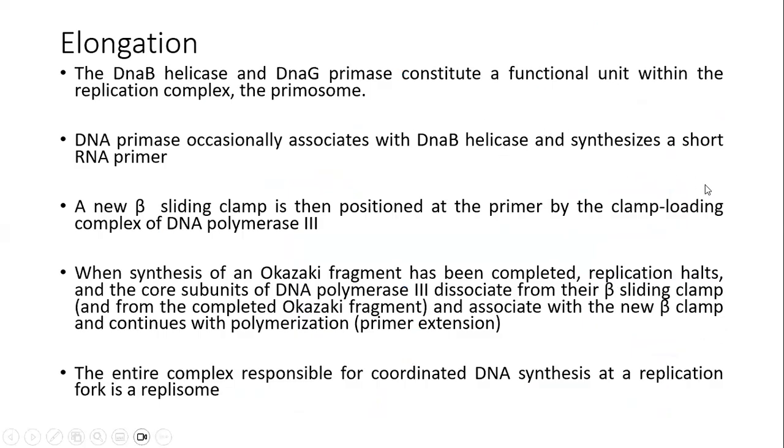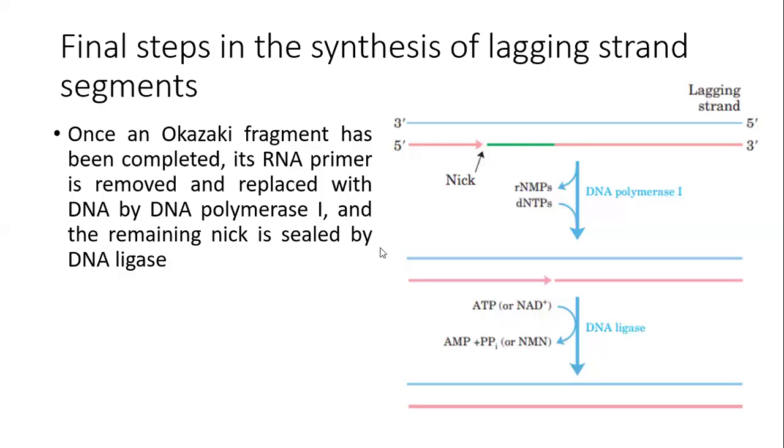So the same points are mentioned in this slide for your reference. Coming to the final steps in the synthesis of lagging strand. Once the Okazaki fragments have been completed, its RNA primer needs to be removed and replaced with DNA.